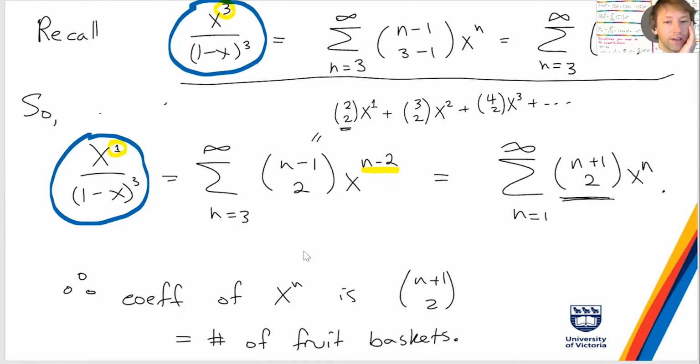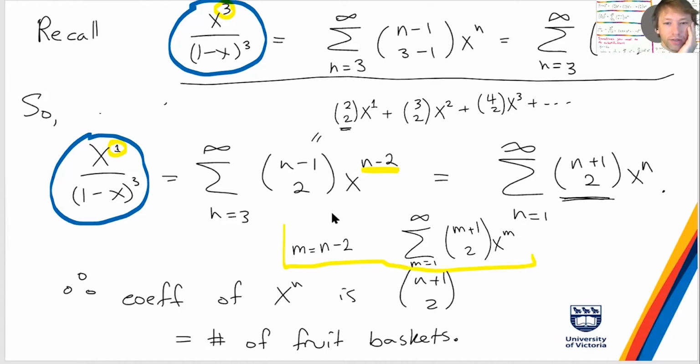So if I think of m as being n minus 2, then I can rewrite the sum as m goes from 1 to infinity, m plus 1 choose 2.